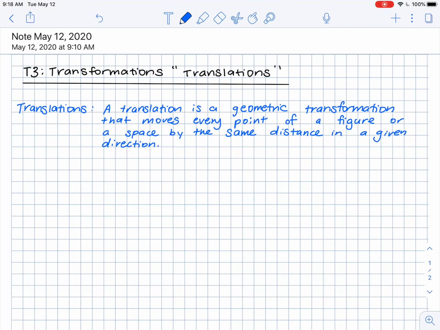Okay, so a translation basically takes a figure and it slides it across a given plane.